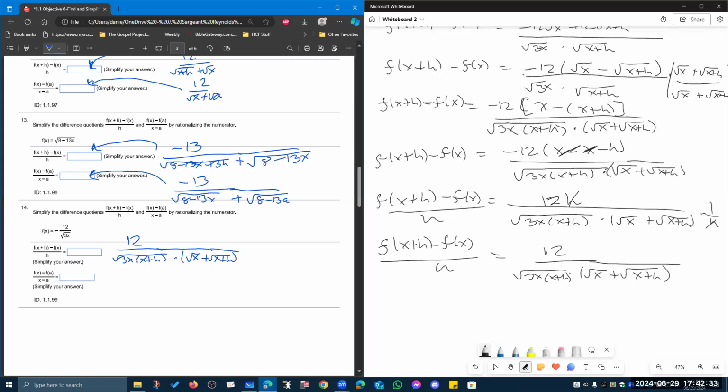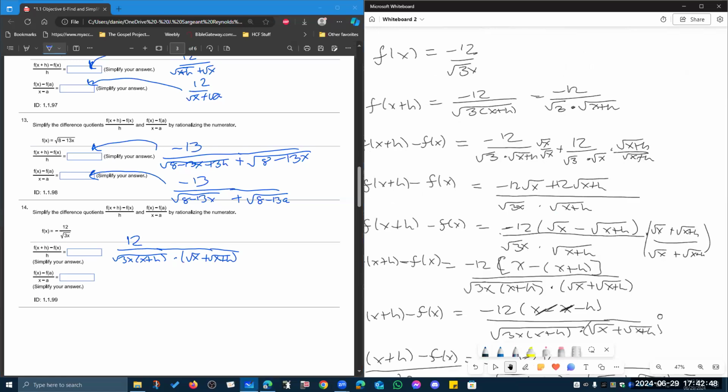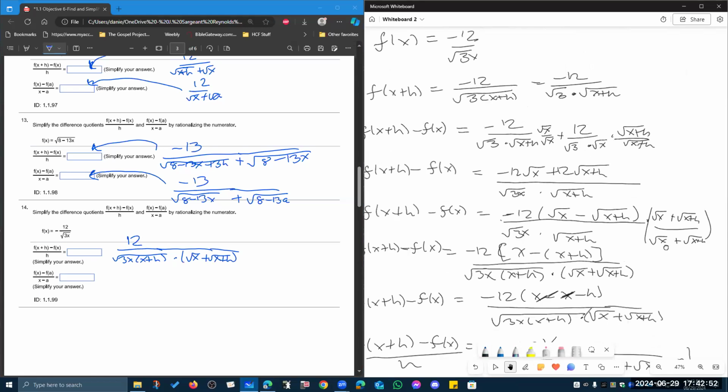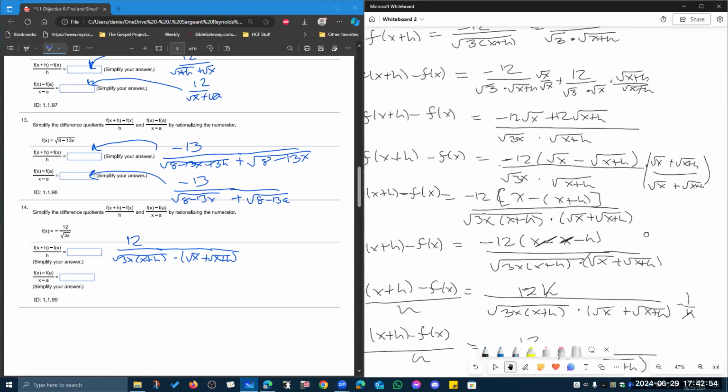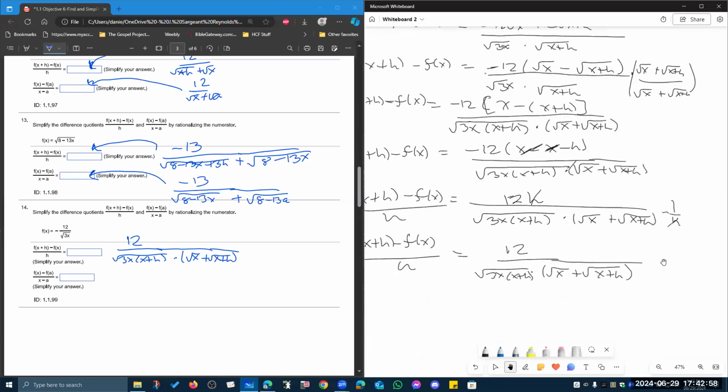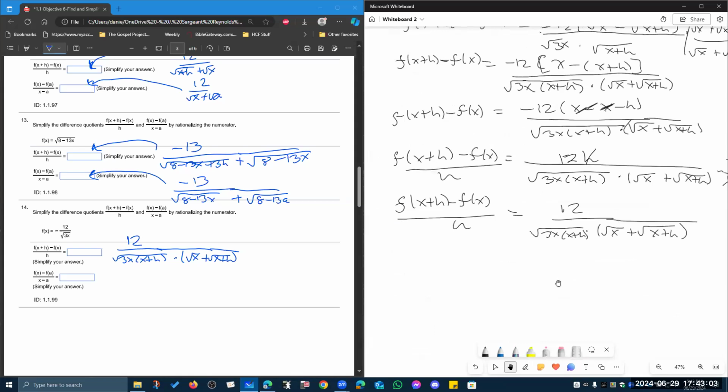Okay. And let's see here if I missed anything. So multiplied by x, negative h, canceled, looks good. All right.